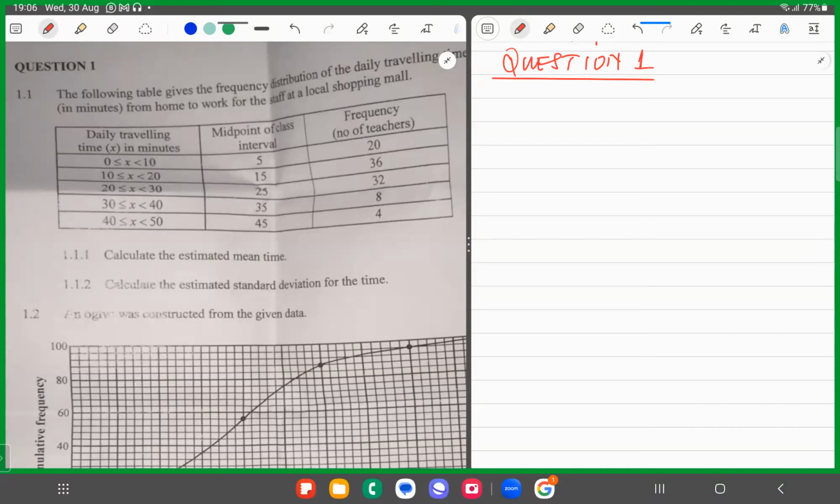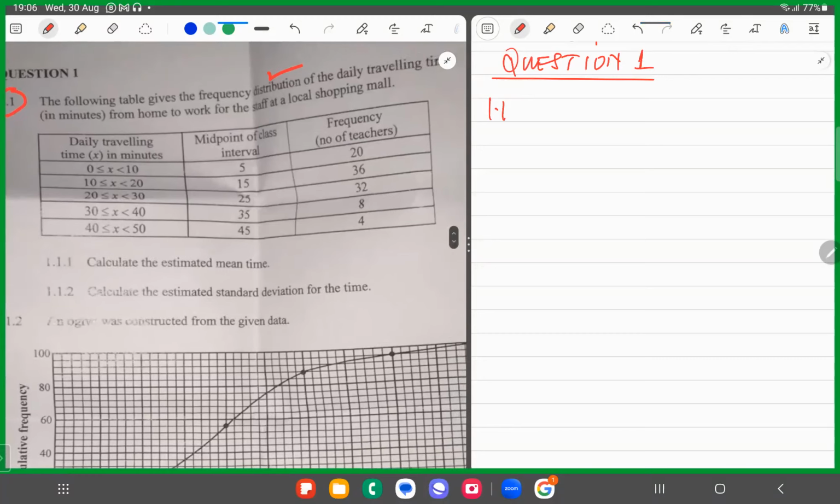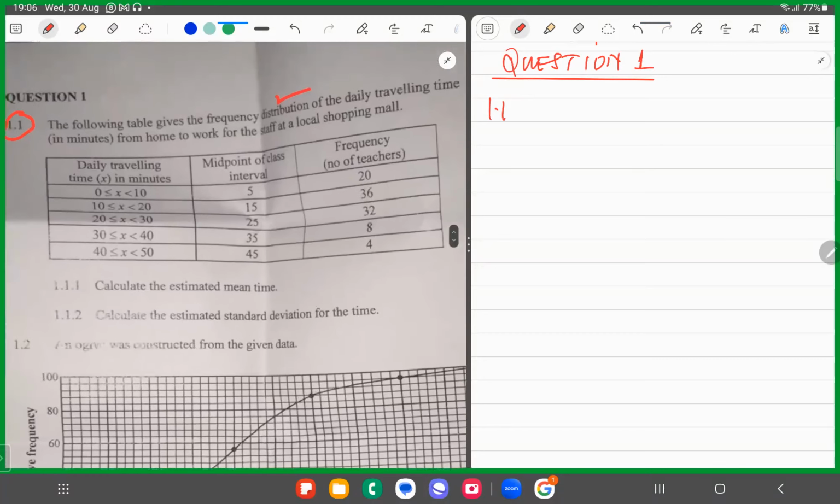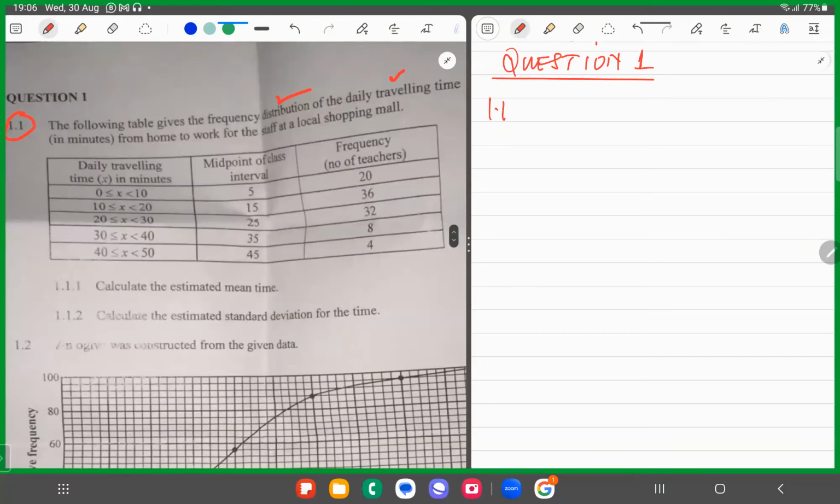We're looking at question 1.1. The following table gives the frequency distribution of the daily traveling time in minutes from home to work for the staff at a local shopping mall.